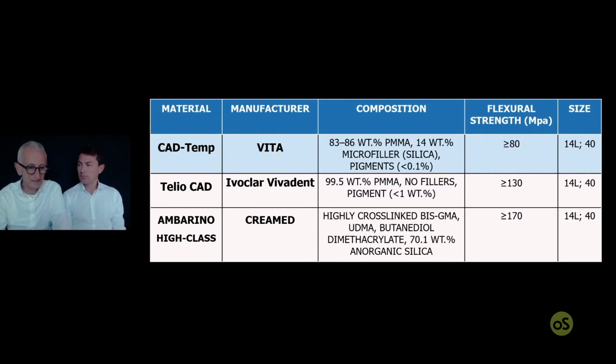So his flexural strength is not so strong, but we will see all these materials have a poor flexural strength. The difference between the three materials is that you see CAD Temp has a lot of PMMA and 14% of filling, while the others have different percentage.